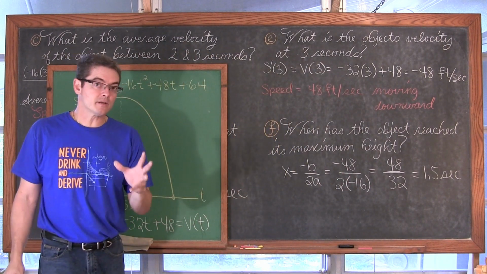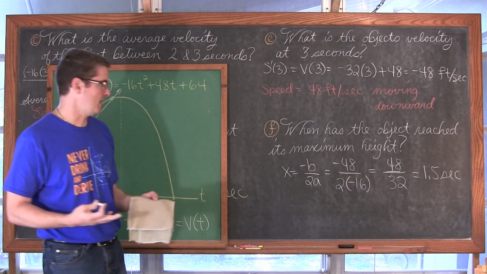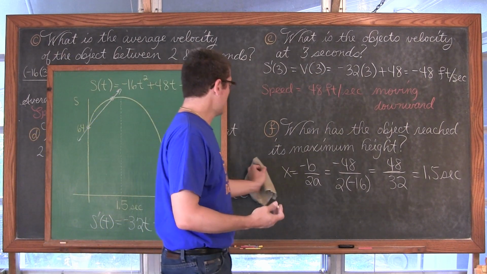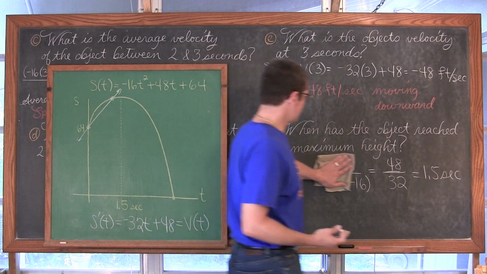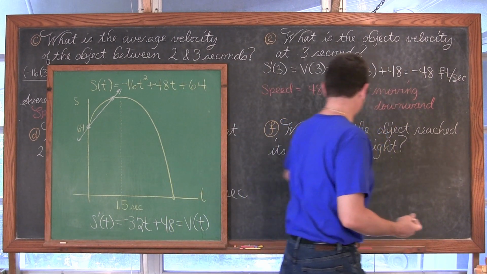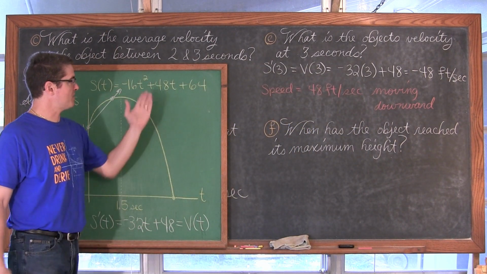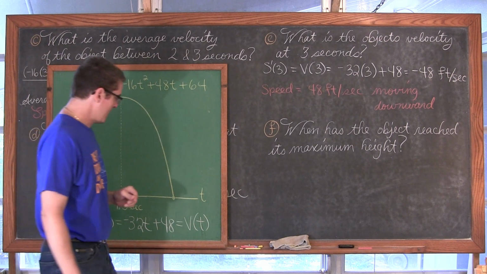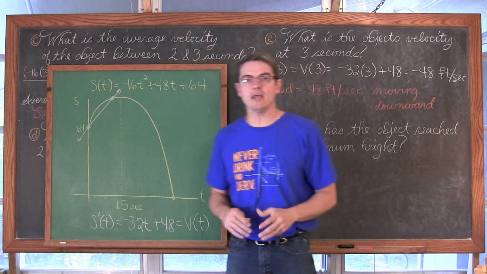Now there's a more calculus way to do this, which is kind of a preview of a topic we're going to study later called the first derivative test for finding relative maxima and minima. Remember that our position function was s of t equals negative 16t squared plus 48t plus 64. And our first derivative is negative 32t plus 48.